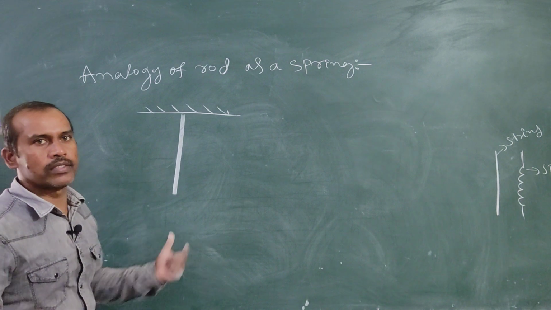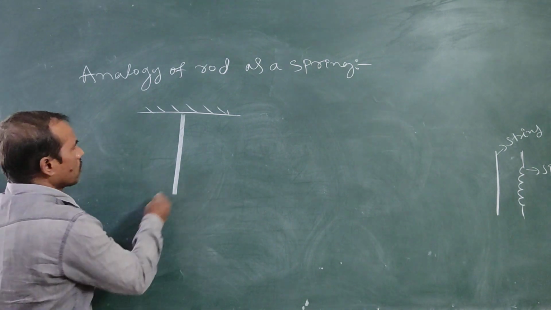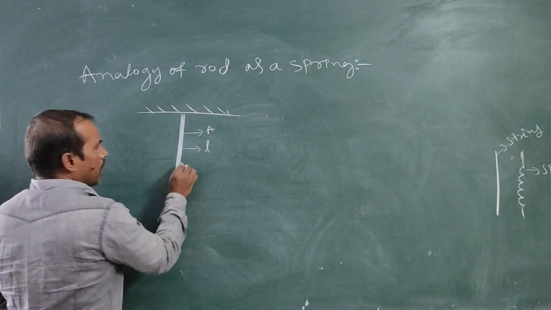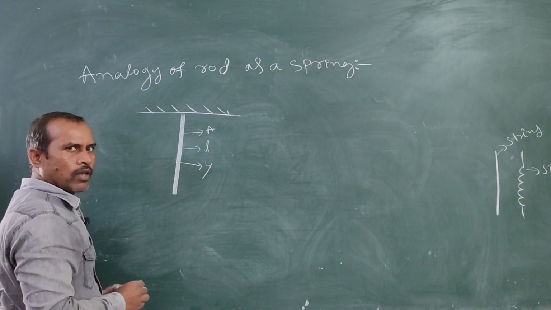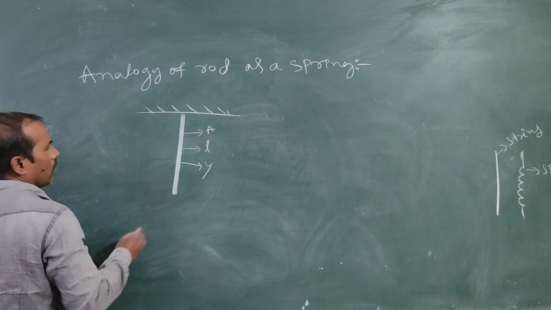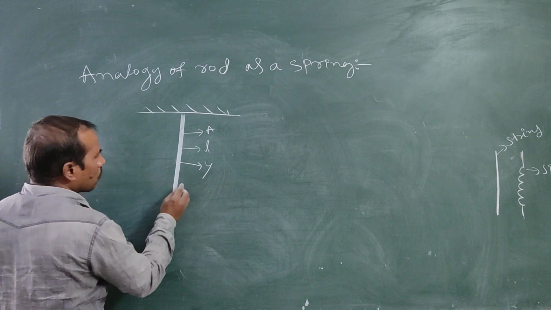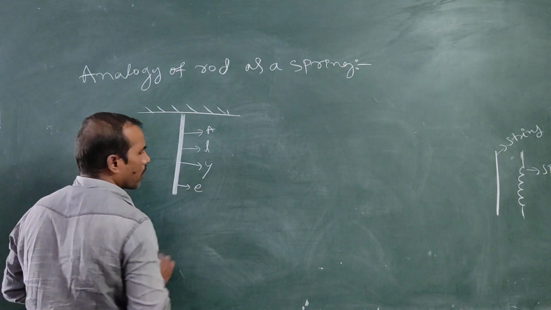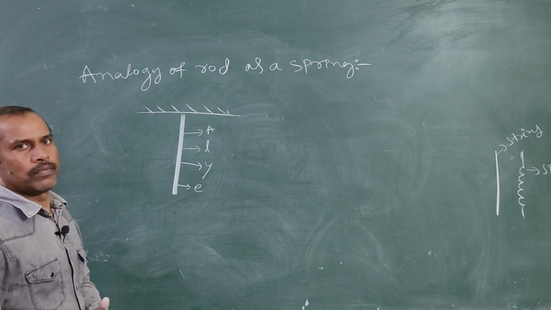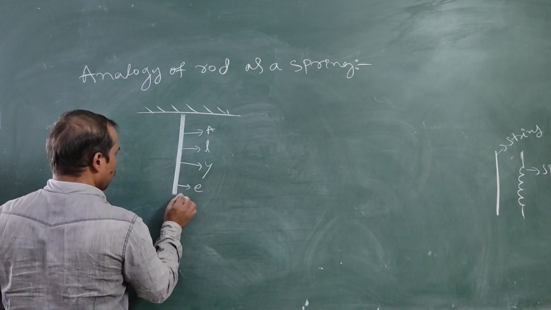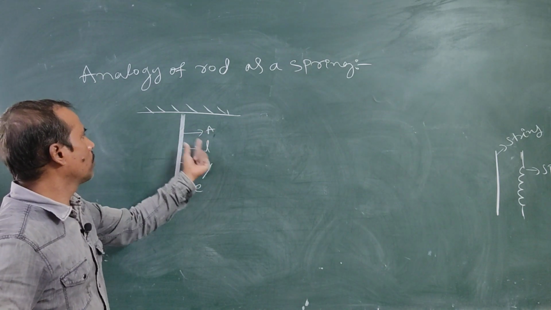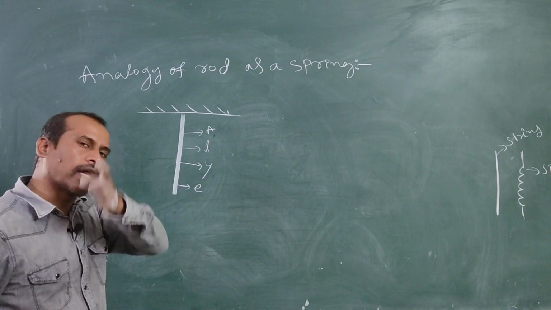The area of the cross section of the rod is A, length of the rod is L, and Young's modulus of the rod is Y. Now this is the elongation in the wire, for example e, due to the applied force, for example its own weight. E means elongation of the rod.